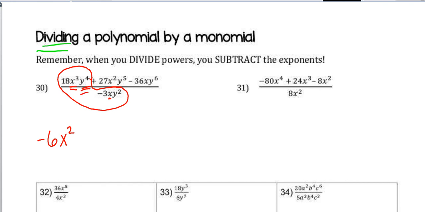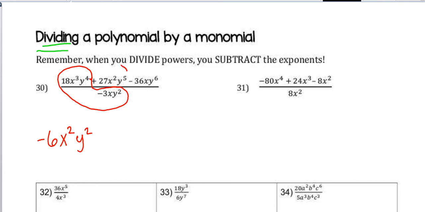And then I have y to the 4th minus y squared, so I have y squared. And that's the first term. It's, I want to say simple, because it might not be for some people, and that's okay.